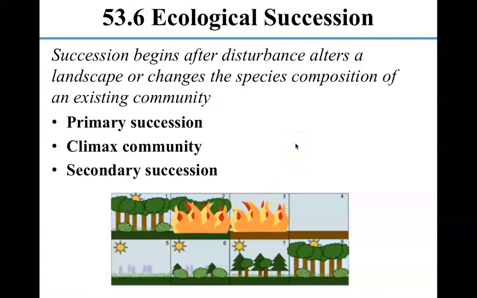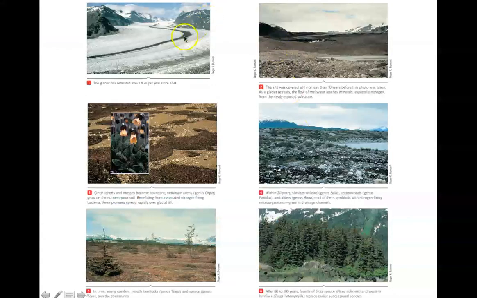And so there are two types of succession. There's primary succession and there's secondary succession. Primary succession is when a disturbance basically hits the reset button and it destroys everything. A fire usually isn't primary succession. A better example would be a glacier. A glacier is an example of primary succession because when a glacier moves through an area, it kills everything.